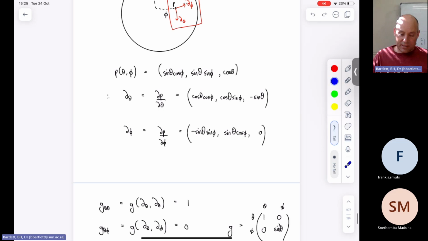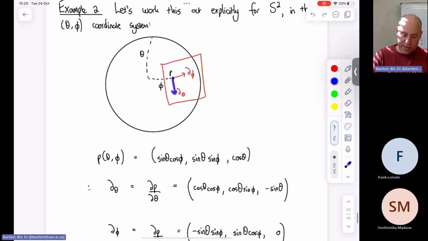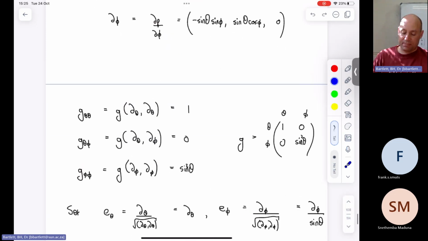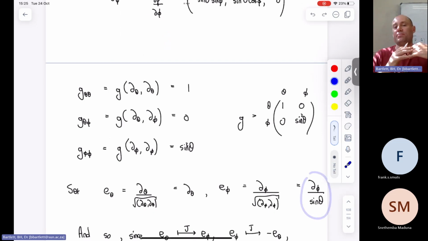All I'm saying is that this guy's got norm 1, but this guy doesn't have norm 1, because as you move it up, it's going to get smaller and smaller, whereas we'd want it to have the same size. In order to counteract that, I need to divide by sine theta, which will have the effect of making del phi bigger.